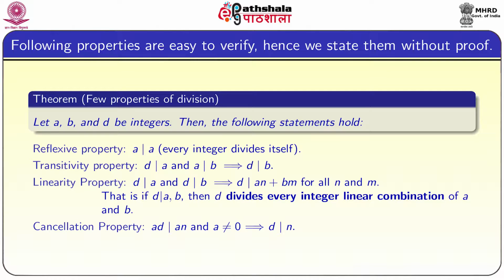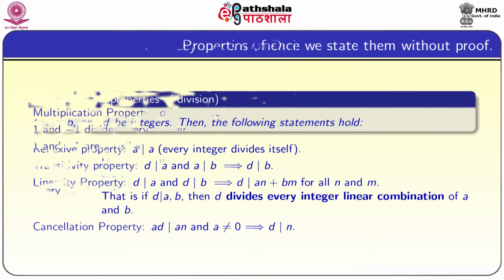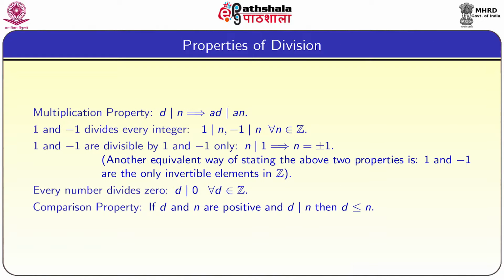So, that is why we highlighted that d divides every integer linear combination of a and b once d divides a and b. Cancellation property: if a is not equal to 0 and a d divides a n, then d divides n. Multiplicative property: if d divides n, then a d divides a n. 1 and minus 1 divide every integer.